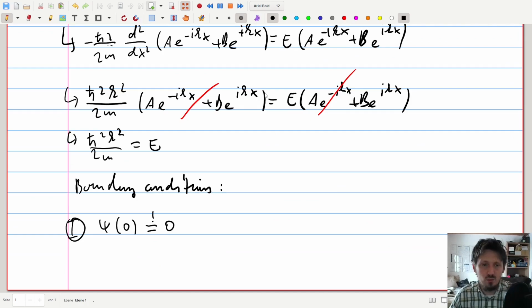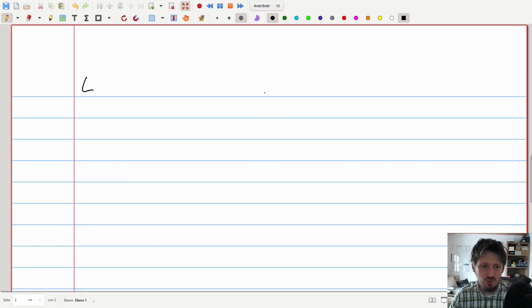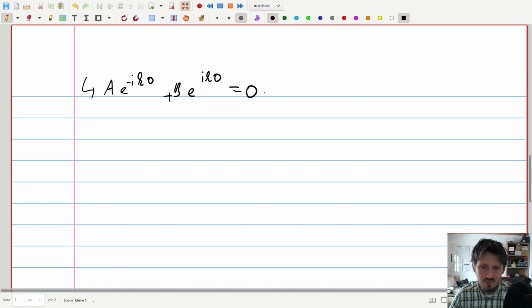And now I will make a new page, so it will be a little bit easier for writing. Now this means that when we insert the value 0 into our wave function that we have defined before, then we can write a e to the power minus ik times 0 plus b e to the power plus ik times 0, and this has to be equal to 0, as I said.